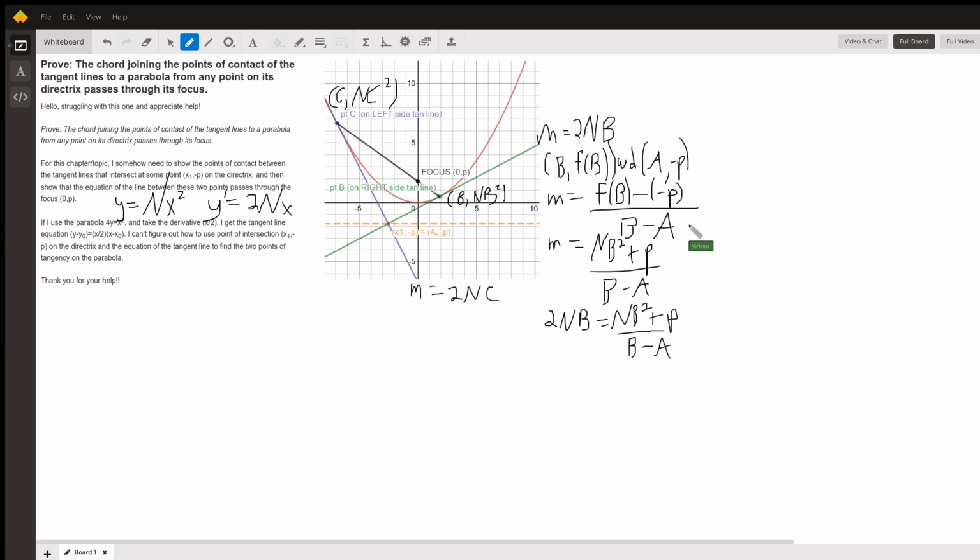Now, to figure out a, you need to solve this. To figure out what this x value is, you need to solve this for a.